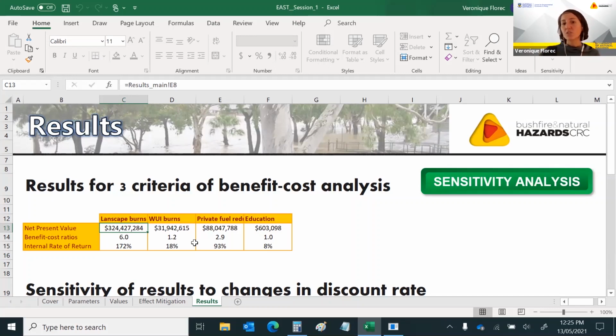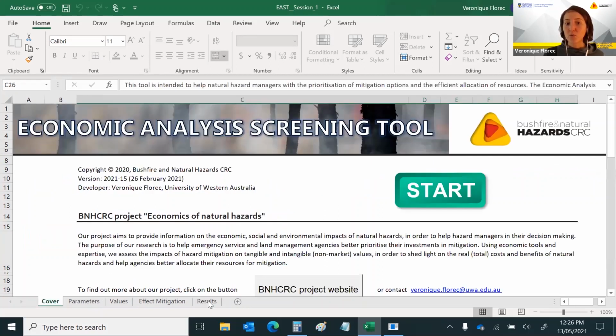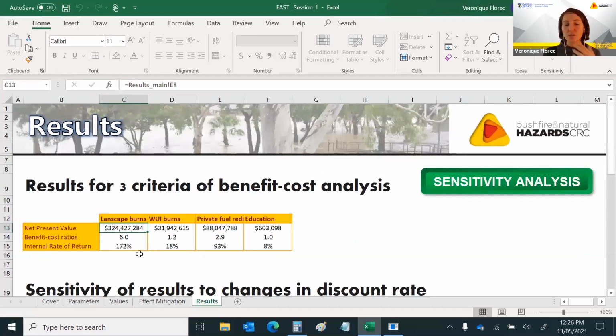You just have to pick a time to bring all of those numbers to. That's where we use the discount rate. At this moment, you don't see exactly how that is done, but we sum all the net benefits of all the years, discounted. So basically this is the sum of all the net benefits.